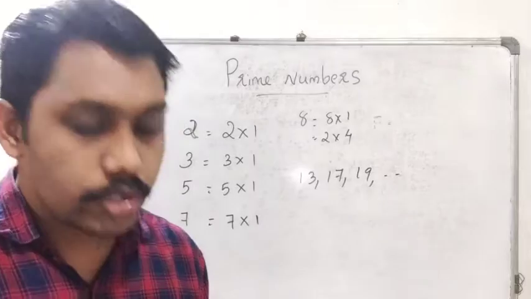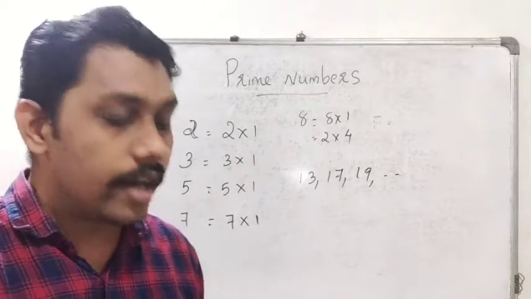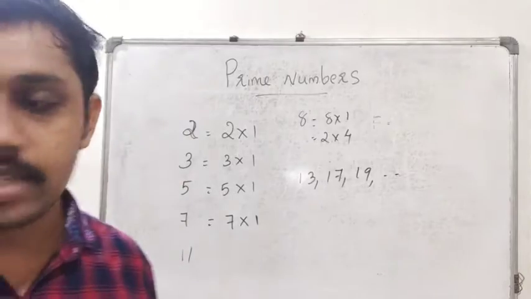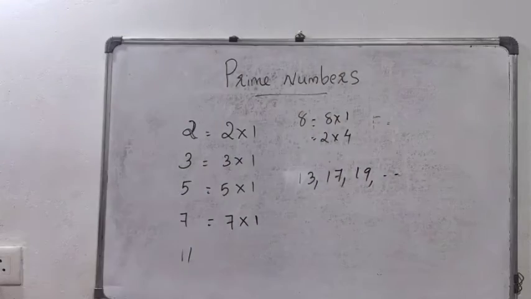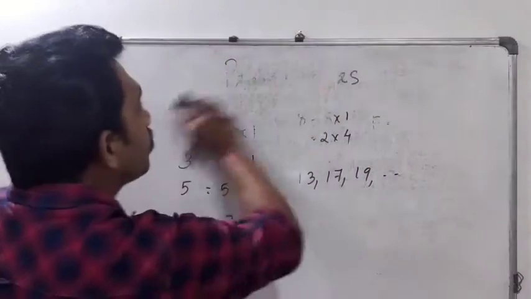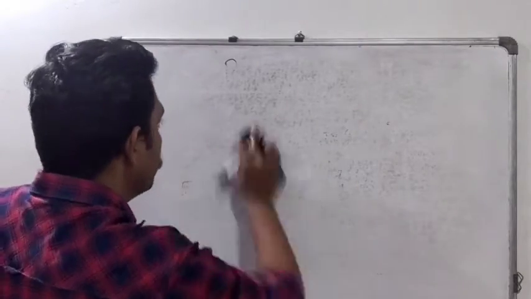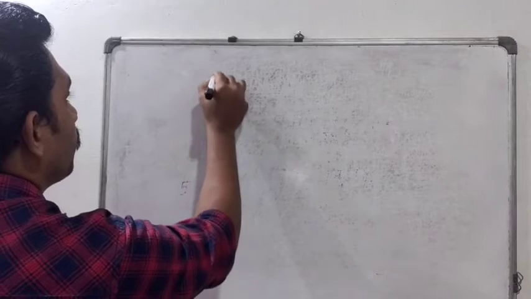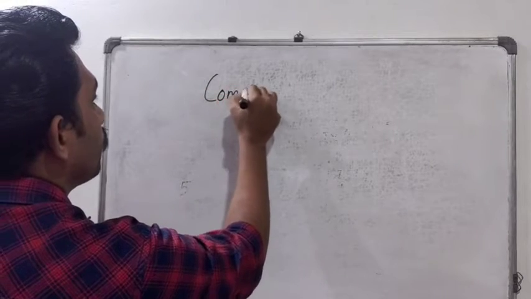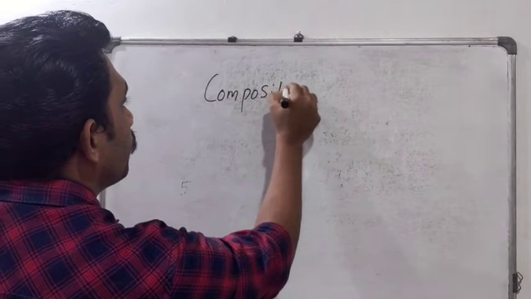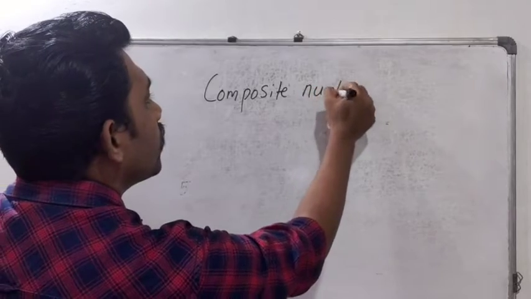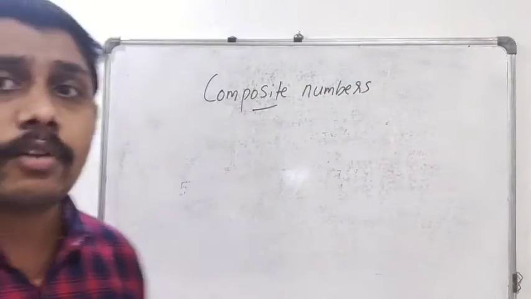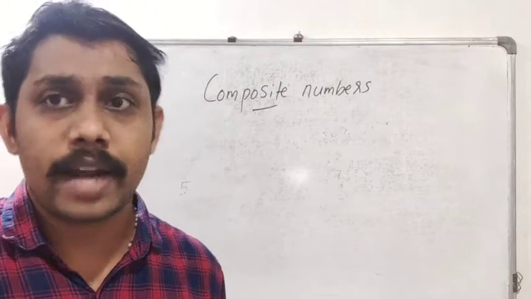Okay students, so now what are composite numbers? The next type of number is composite numbers. It is also very simple. We have discussed what a prime number is.